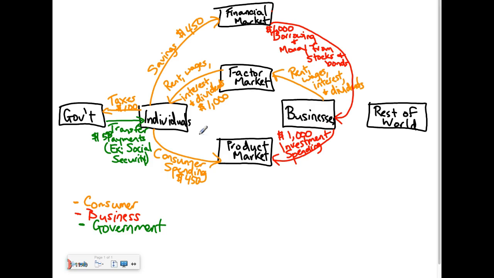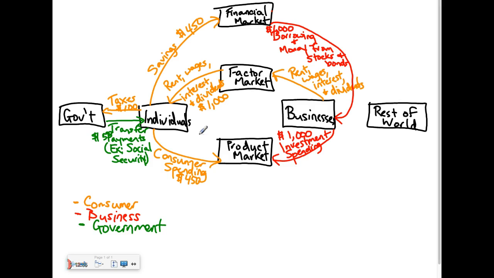Now here's the thing: the government collects a bunch of taxes from us. They provide us with transfer payments, but remember there are a bunch of other things that they provide to us, like roads and police and fire protection and schools and all that stuff. They cannot provide all those things to us with just taxes alone. They don't collect enough money in taxes. So, as a result, they're going to have to borrow money.